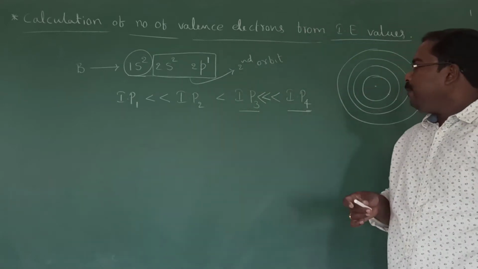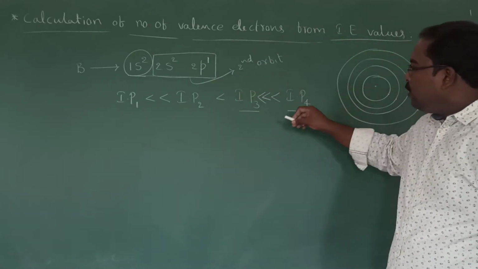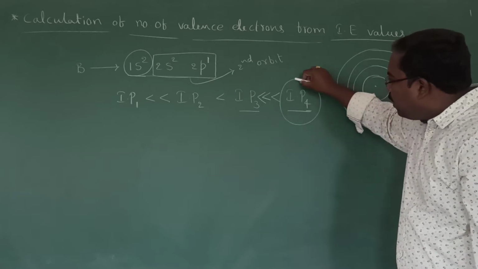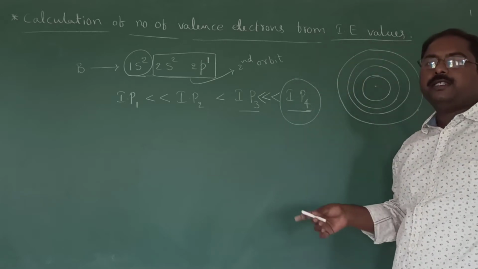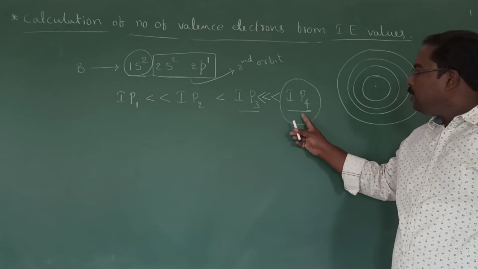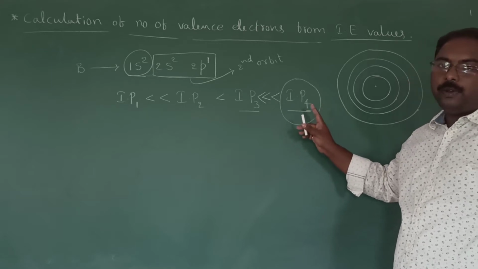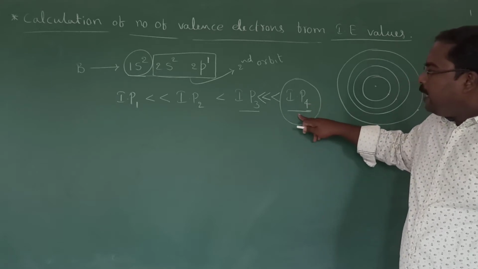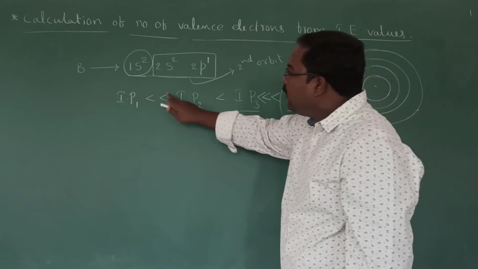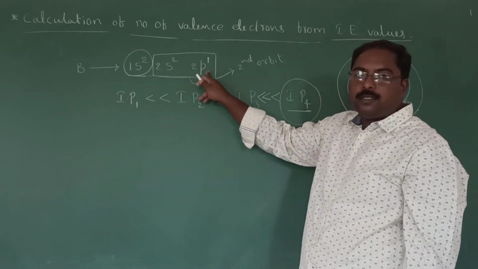So that is why in the case of boron, we are observing a sudden jump in the ionization potential values coming to the 4th. Okay? The 4th value is very high because it has 3 valency electrons.